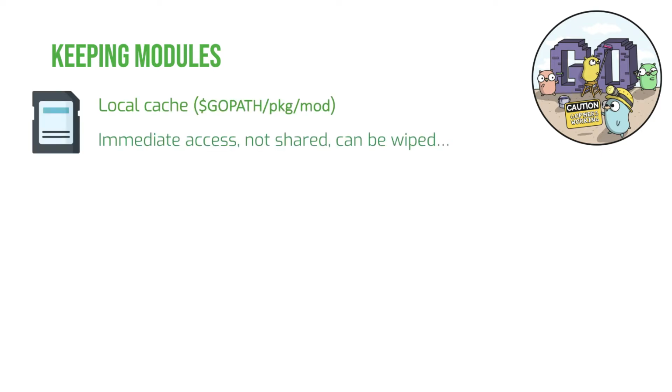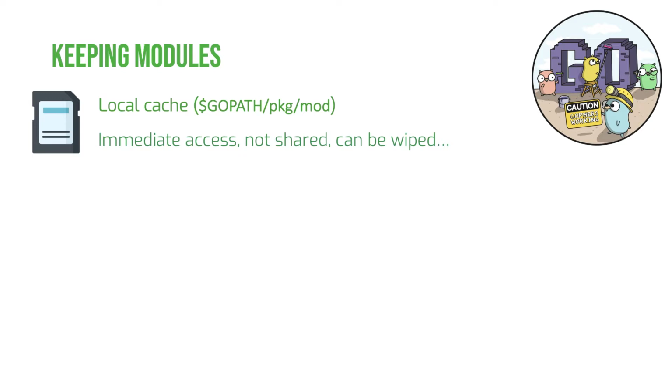So the lowest level cache is the local cache. Actually, Go now reuses the same old GOPATH directory, which is usually at your username/go, for the cache of your modules. The modules will get there if Go builds the module locally from a version control. So remember, we cloned it from version control, we built the module, and it will be in my local cache.